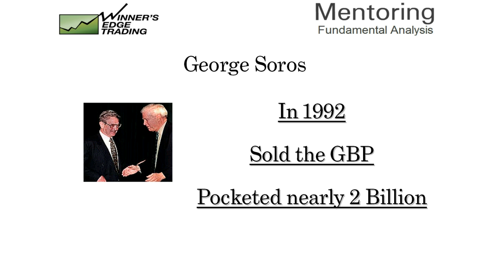He saw the fundamental inconsistencies in the news and these things inside the government that were just ready to topple and fall and crash. So he took advantage of it, and because of that fundamental analysis, he made like $2 billion. I think it was less than that, but nearly $2 billion is what I read.